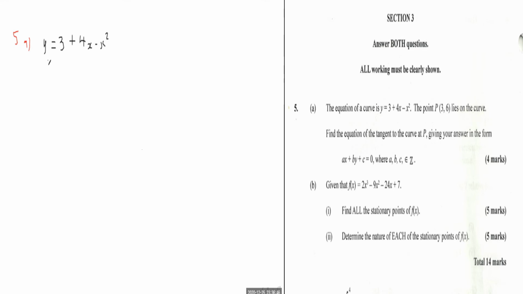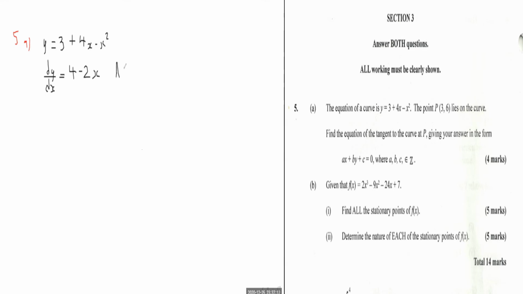So to find the equation of the tangent to the curve, the first thing we need to do is find dy by dx. We differentiate 4x to get 4, and we differentiate x squared to get minus 2x. So dy by dx is 4 minus 2x.